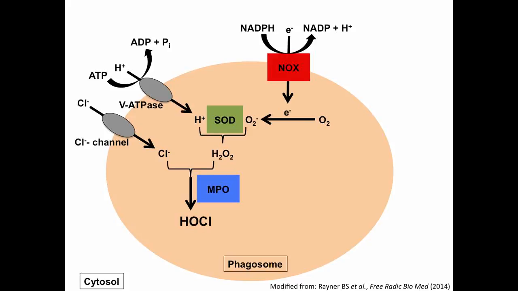Myeloperoxidases are heme-containing haloperoxidases and capable of generating HOCl by catalyzing the reaction of peroxide H2O2 with physiological concentrations of chloride. Once released into the phagosome, HOCl exerts a very rapid toxic effect on bacteria, contributing to the effective killing of invading microbes.